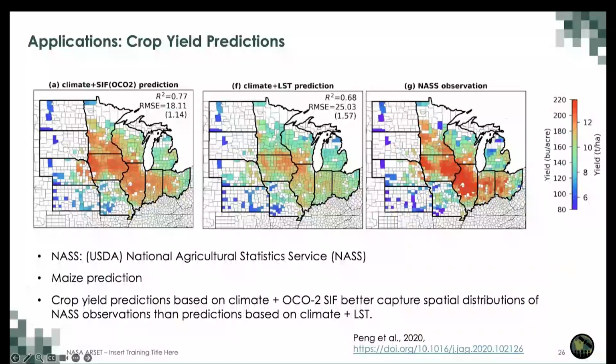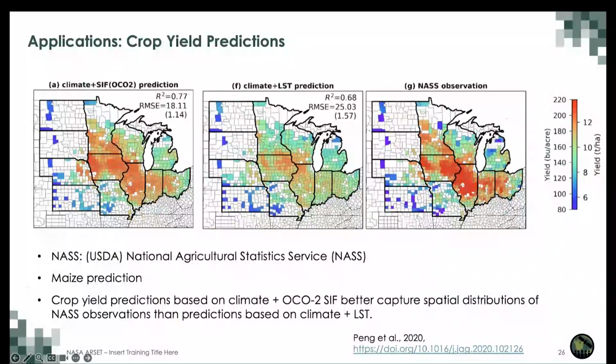The left panel shows the crop yield prediction based on the climate data and also SIF, OCO-2 SIF data. The middle panel shows crop yield prediction over the Midwest US, only using climate and land surface temperature, while the red panel shows the observation from the statistical method.